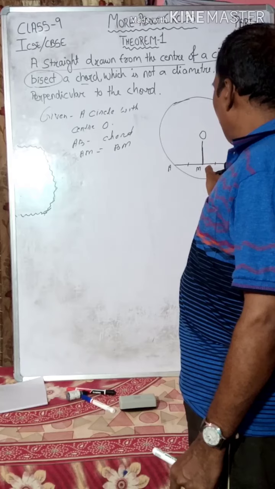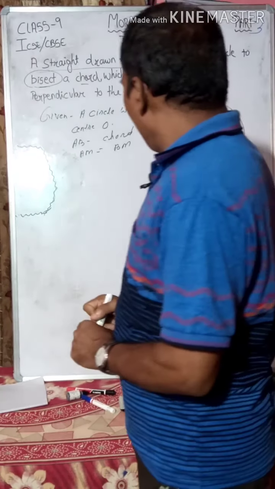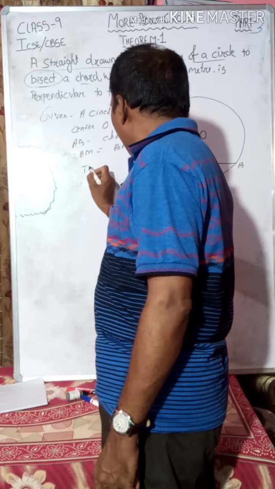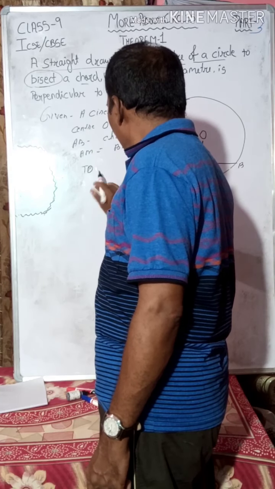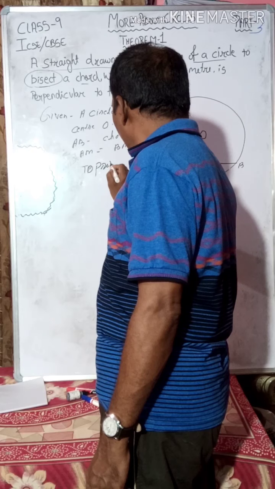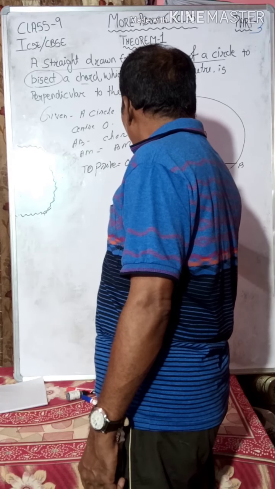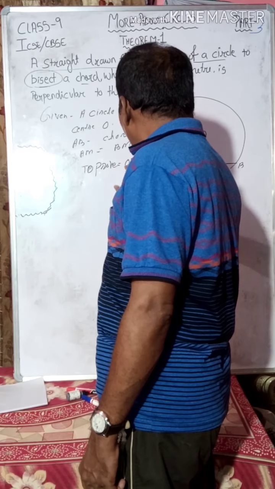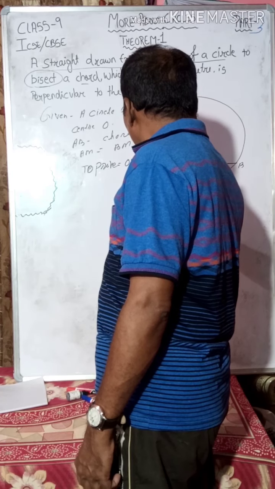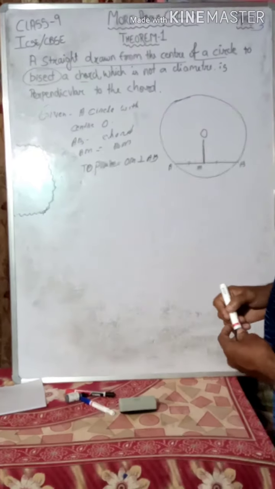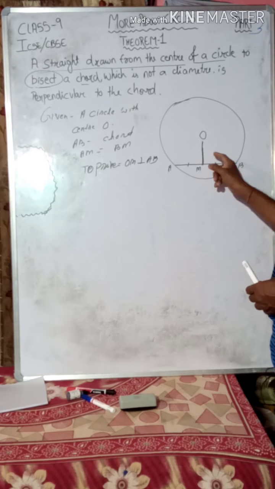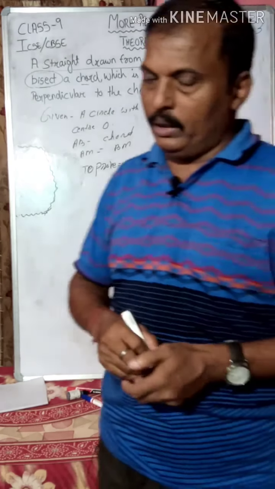Now, to prove: OM is perpendicular to AB. This is what we have to prove.